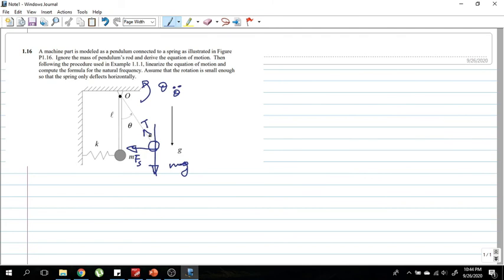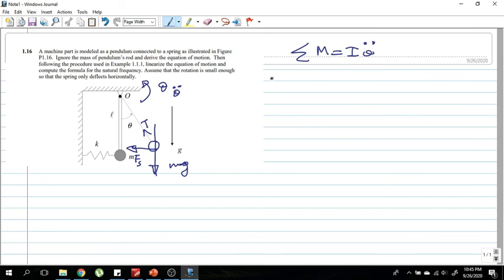We won't get any T term when we take moments about point O, because T goes across point O. Therefore, we can write the sum of all the moments equal to I alpha, the moment of inertia times the angular acceleration.